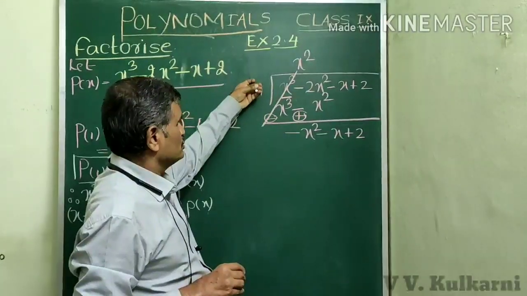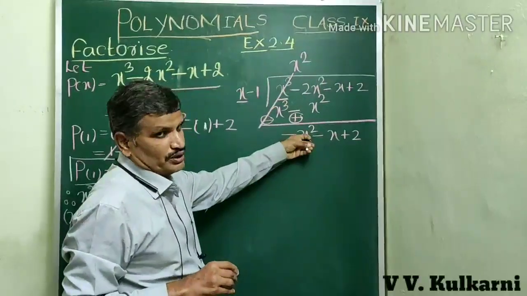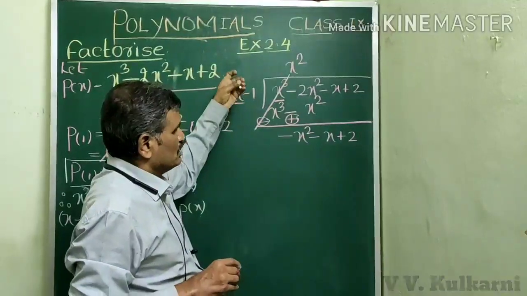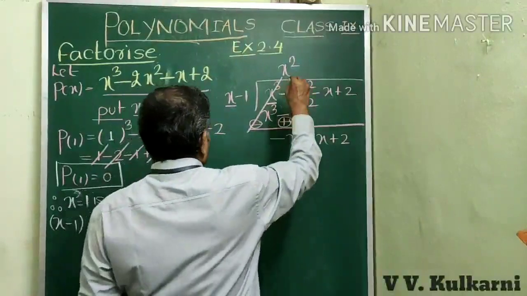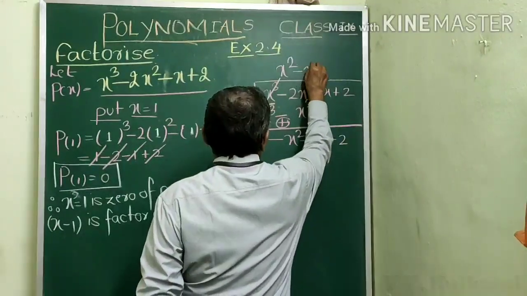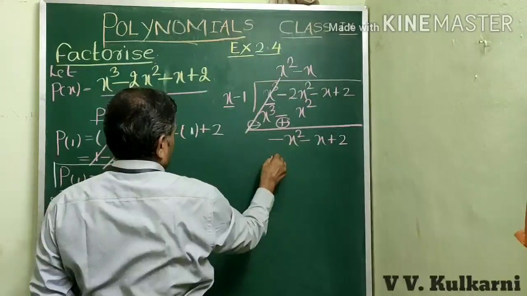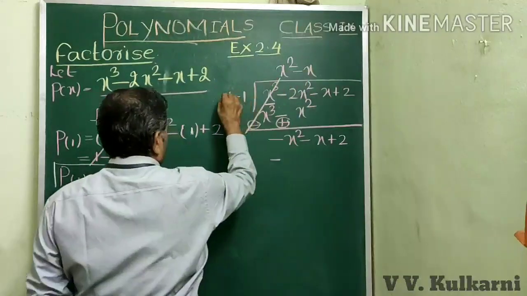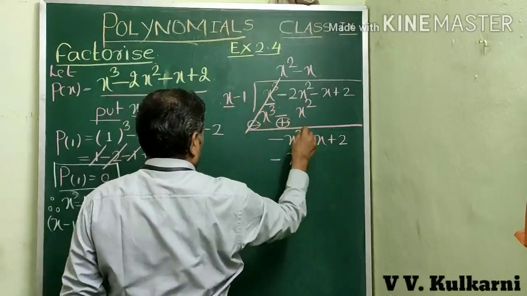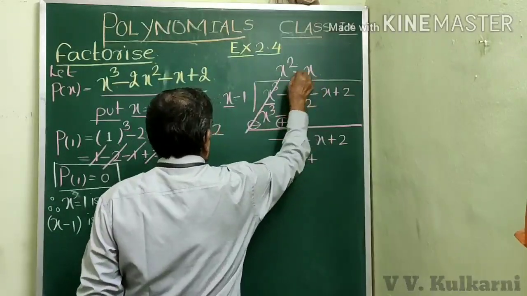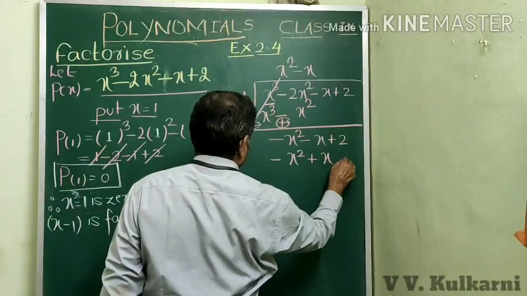Then the degree of x is 1 here, the degree of x is 2 here. So what again I'll have to do is, I'll have to multiply this by again x. See here, minus of plus is minus, x into x is x squared, minus of minus is plus, x into 1 is x.